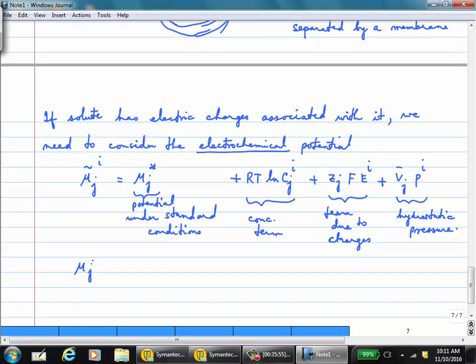So mu j tilde outside will be the sum of the same term, mu j star, the potential under standard conditions, plus RT ln Cj, where Cj is the concentration outside, plus Zj F E_o, plus the next term, V bar j P_o.